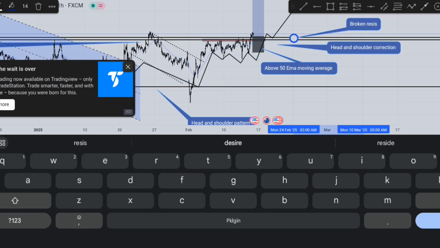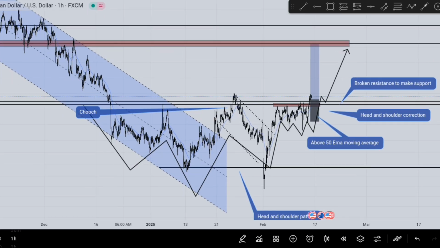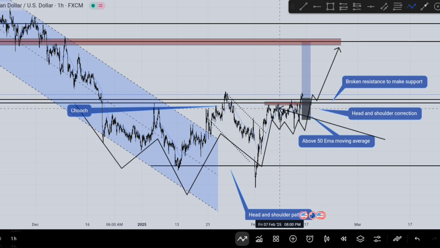So at this point here, if you can watch, it broke this support here, it broke the resistance here to make it support.